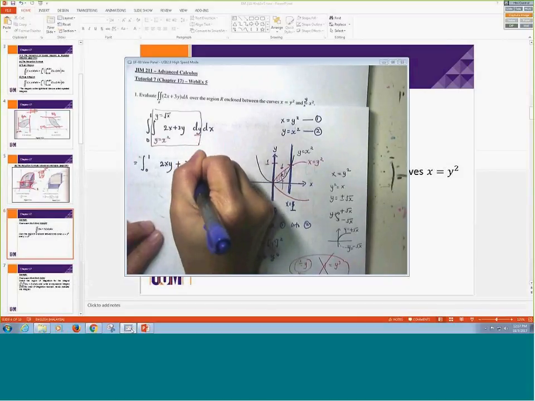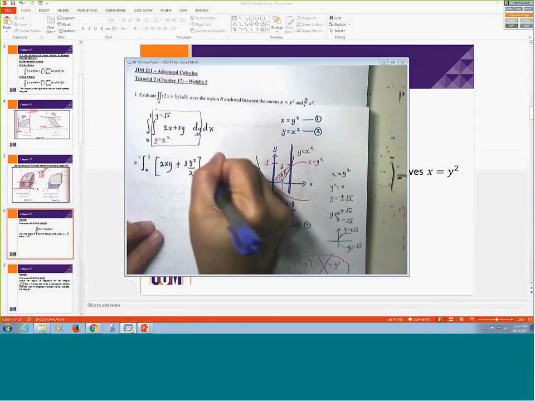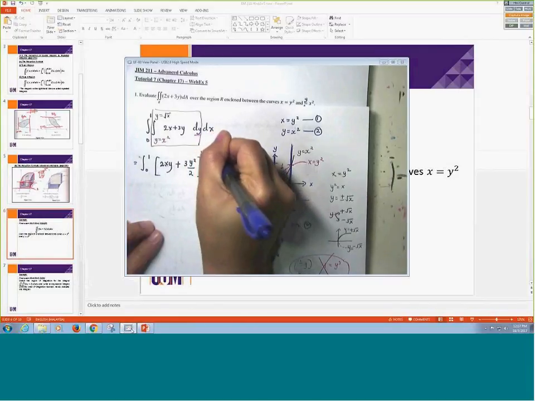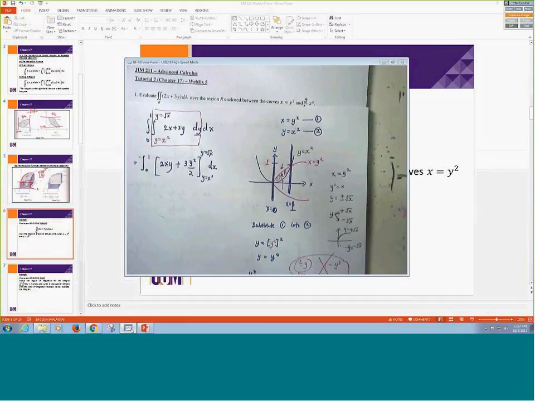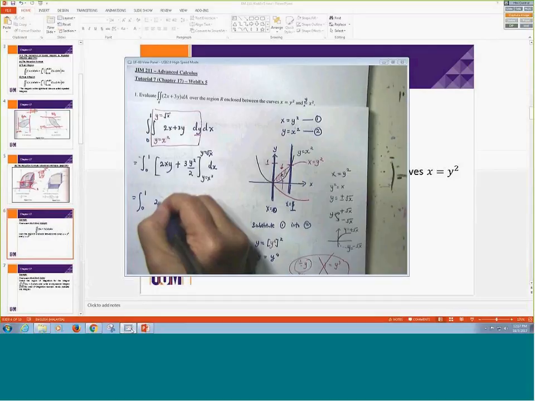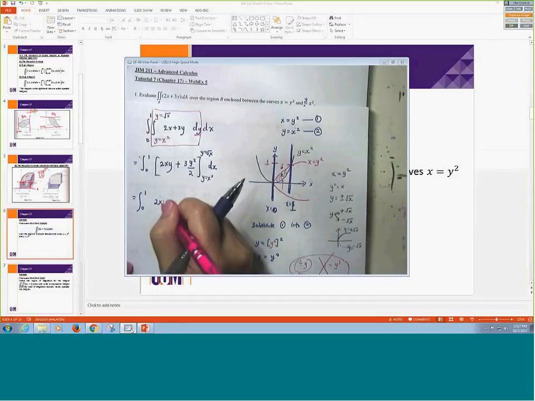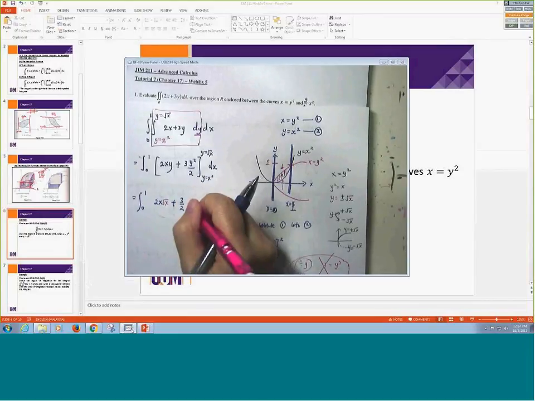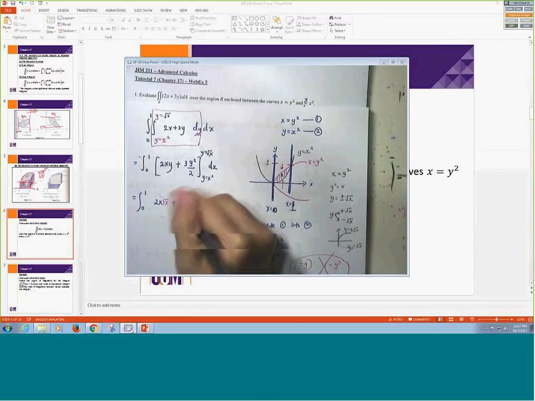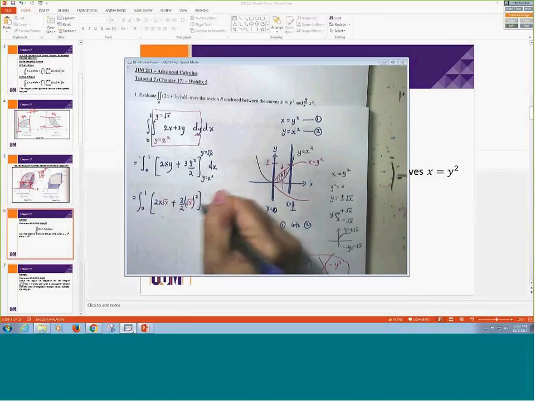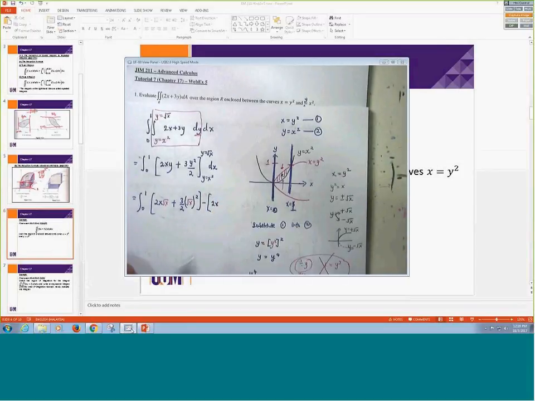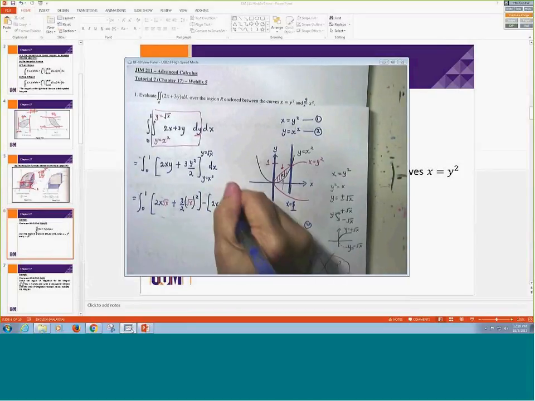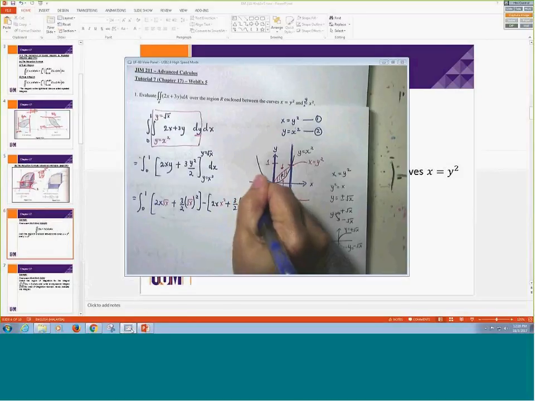Then we substitute y with the square root of x, minus y with x squared, and then simplify.